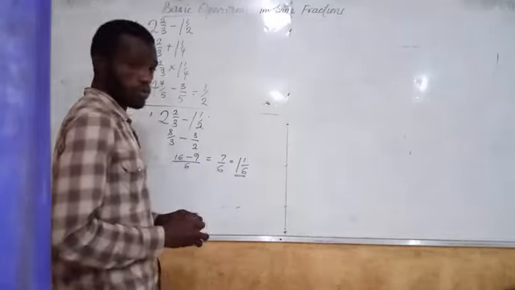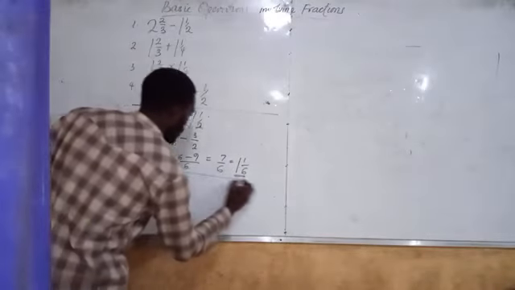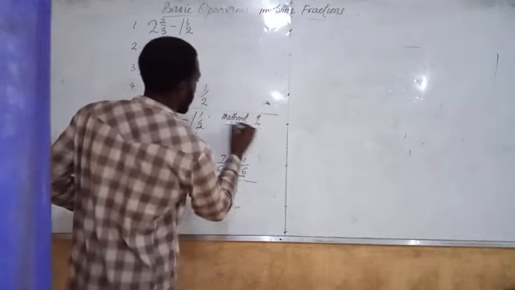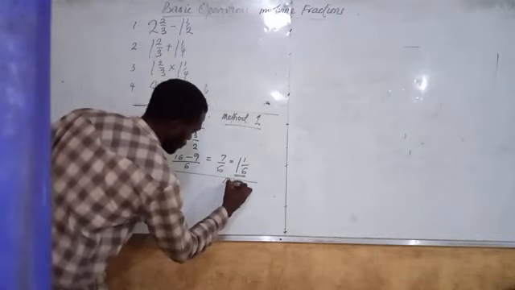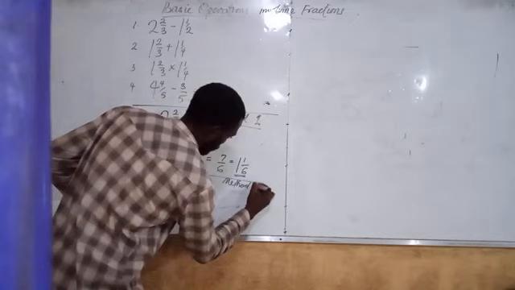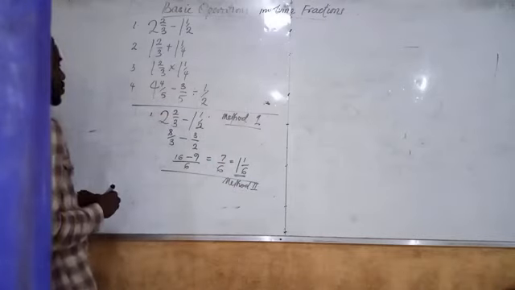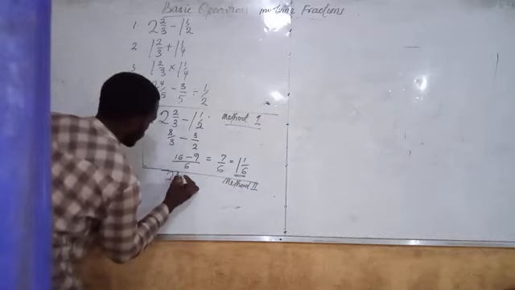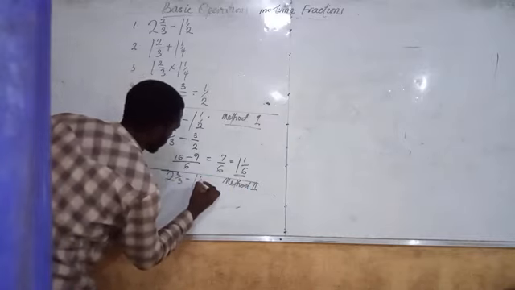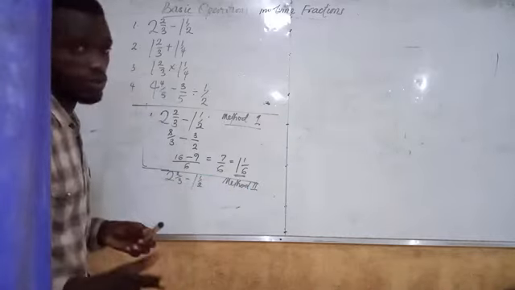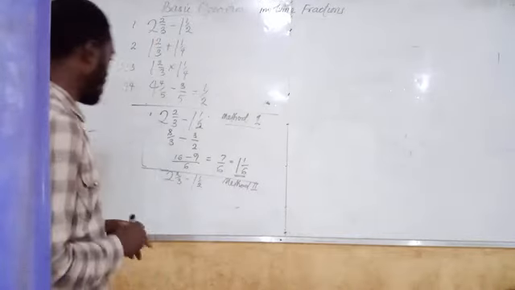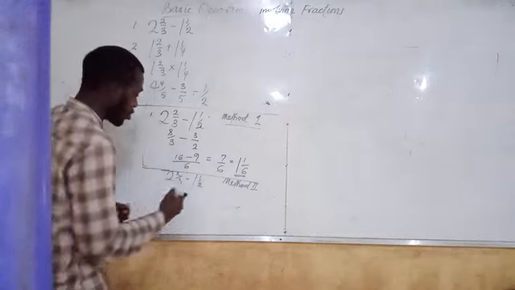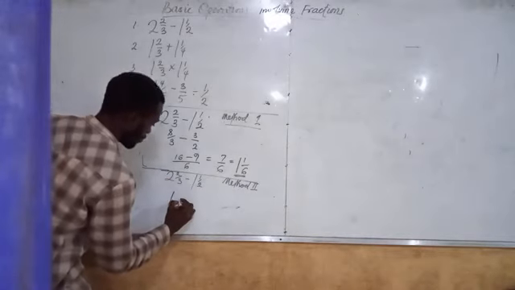All right, the second method is also quite simple. We have 2 and 2/3 minus 1 and 1/2. In this method, you don't need to convert. You simply subtract the whole numbers, 2 minus 1, and you have 1.